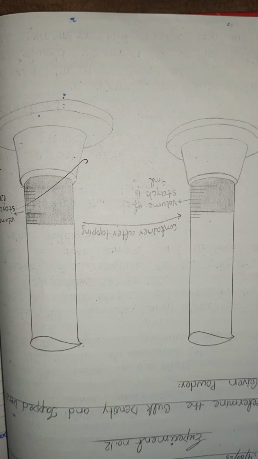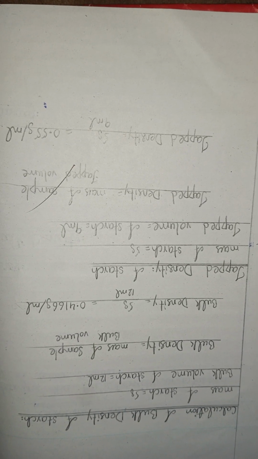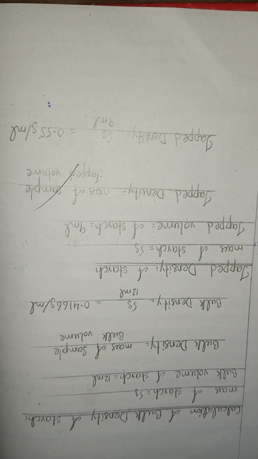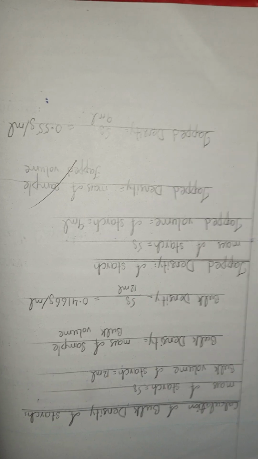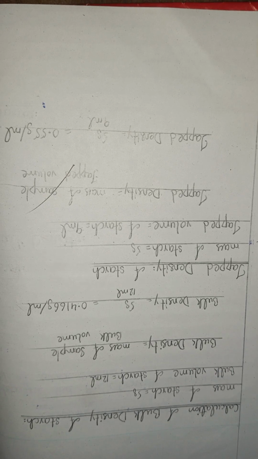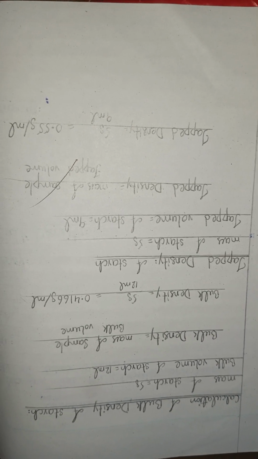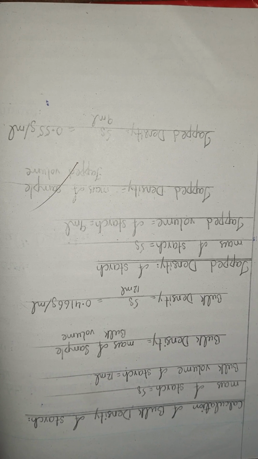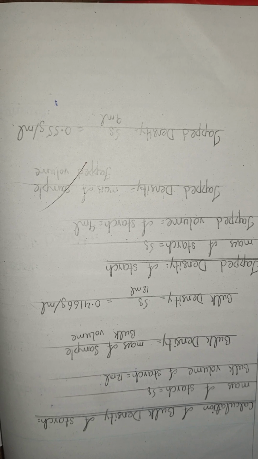Now we move on to the next page. In this page you are going to calculate the bulk density and the tap density of the starch. First of all you have to find out the mass of the starch, and we have taken 5 grams. Now you have to find out the bulk volume. You put the starch powder into the measuring cylinder and find out the bulk volume.